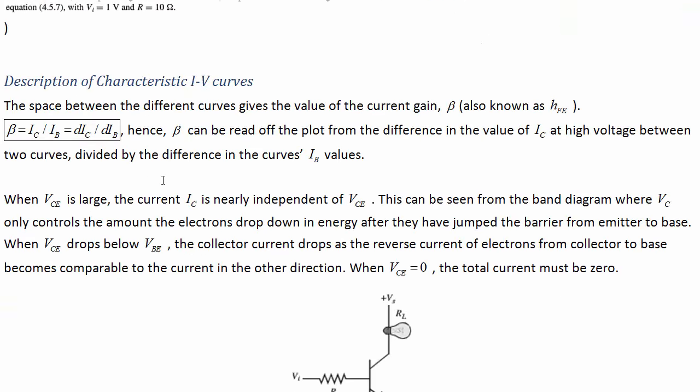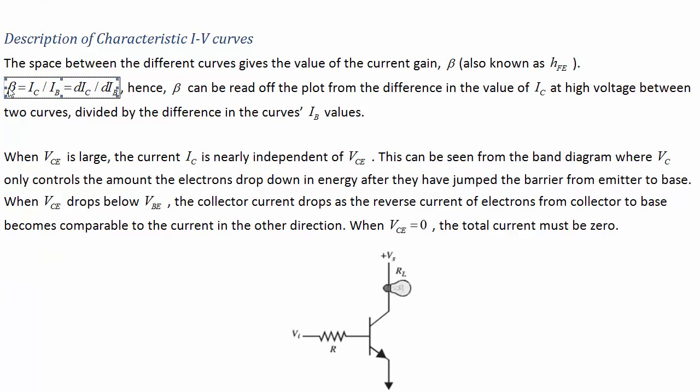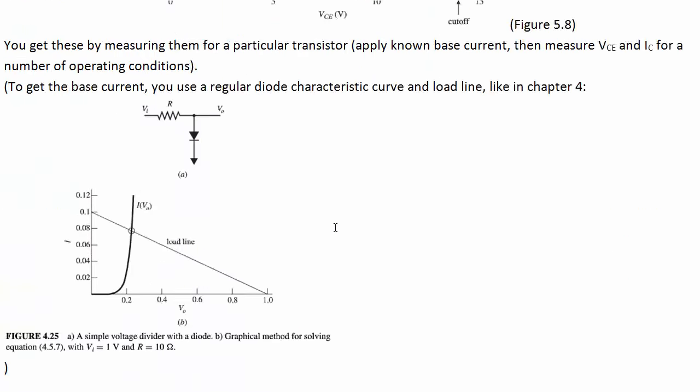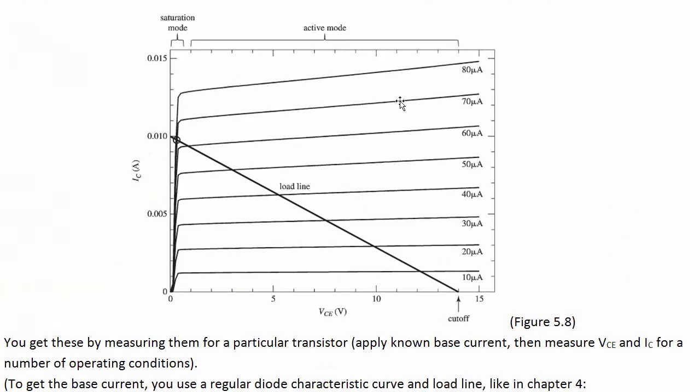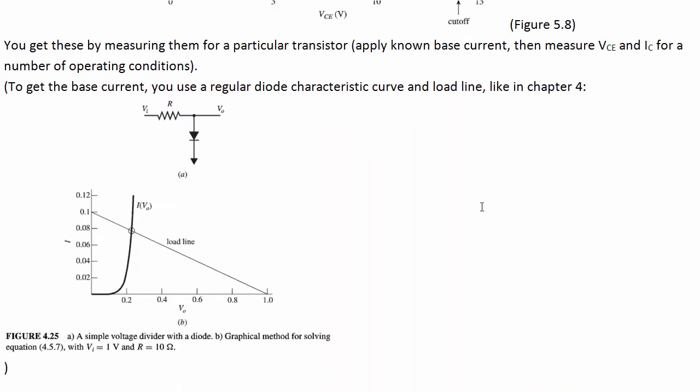So beta, IC over IB, is also equal to the rate of change of the collector current with respect to the base current. So we're going to look at an exercise where we figure that out by looking at one of these plots. And we'll find that if you were to do this for different points on the plot, you'd find that beta isn't really a constant. And that's why if you want to get an exact answer, even the Ebers-Moll model is not good enough, and you've got to go back to these curves here.